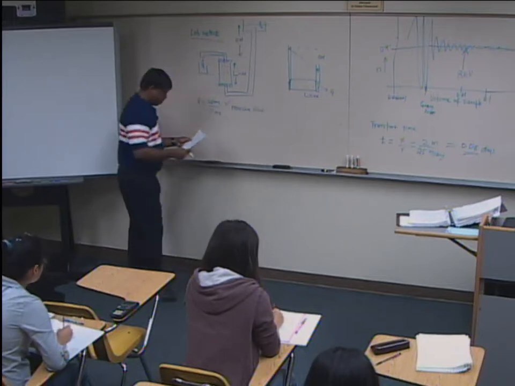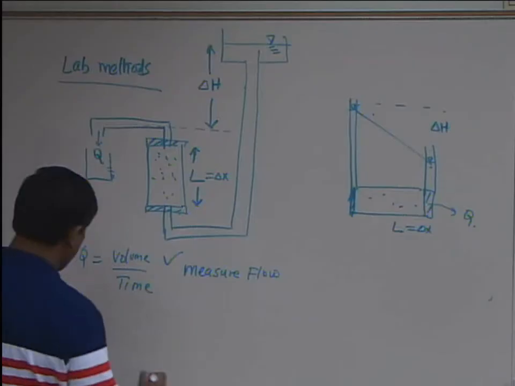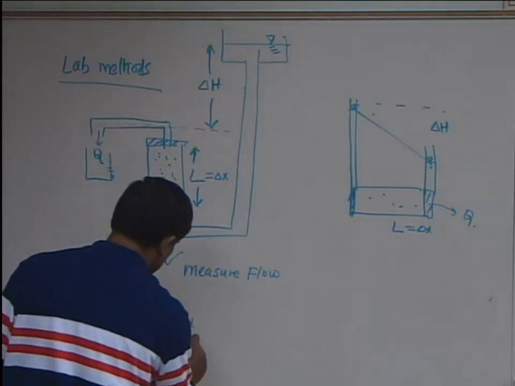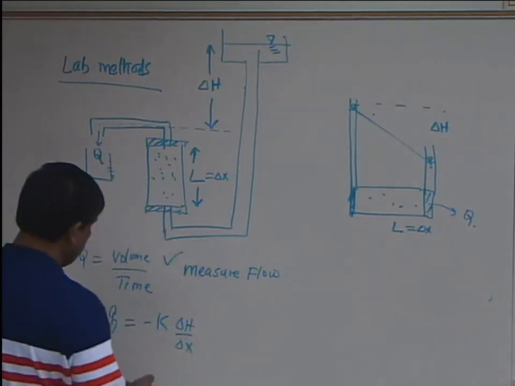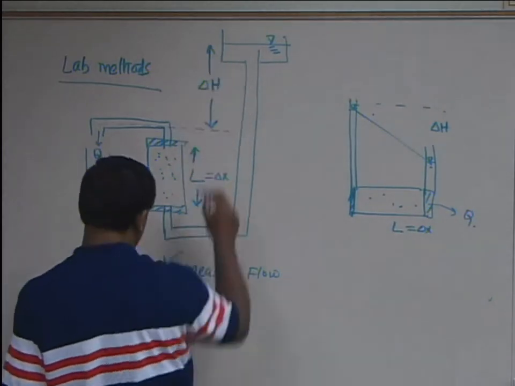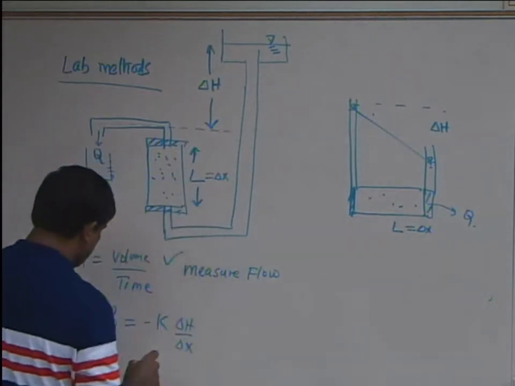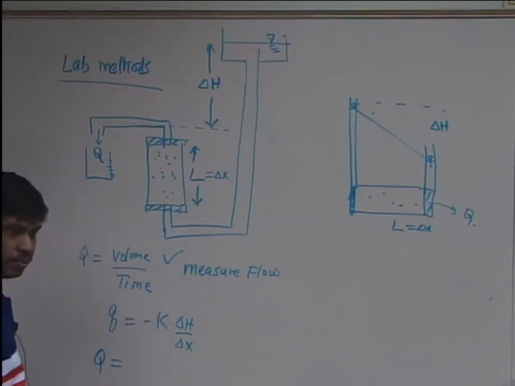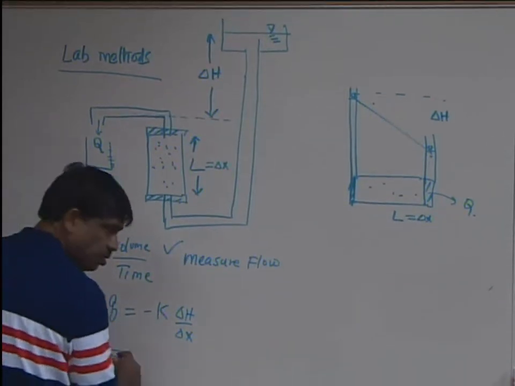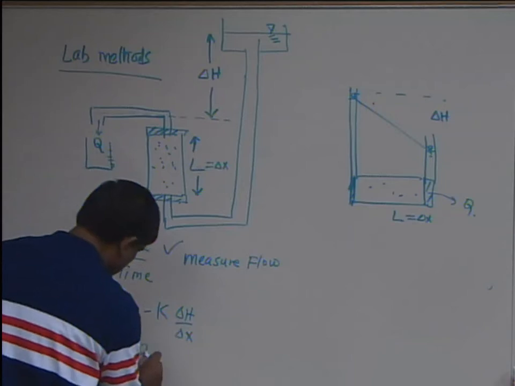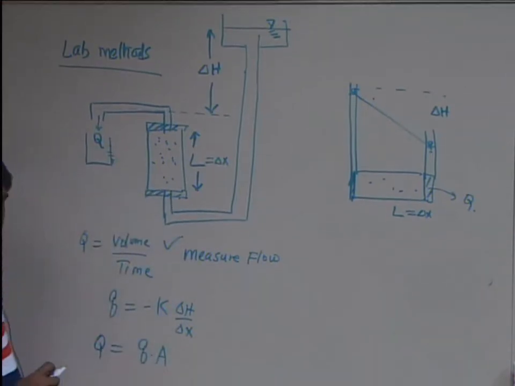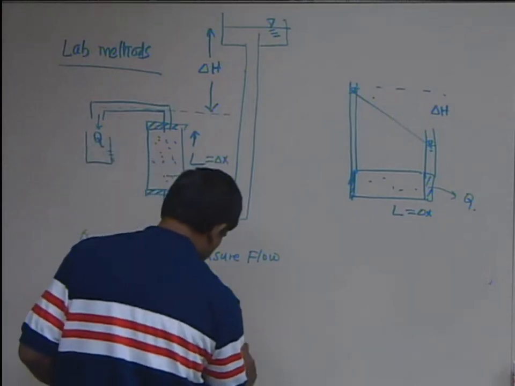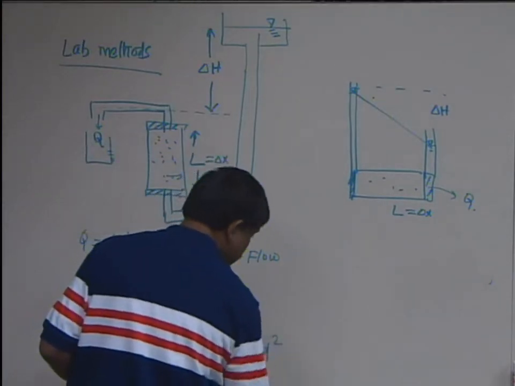Okay, and once I know the flow, I can apply Darcy's law. So Q is equal to minus K delta H by delta X. Okay, and I know delta H, which is that head. I know delta X, which is that length, or Q is equal to what? Remember, that's Darcy flux, so Q is equal to q times A, right? So if I know the diameter of this thing, I can find A is equal to pi d squared by 4.